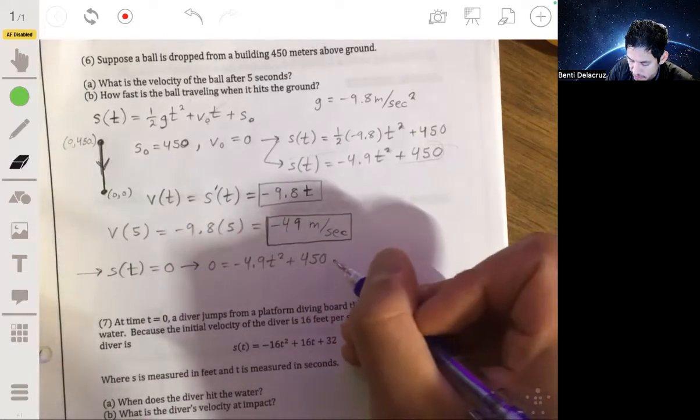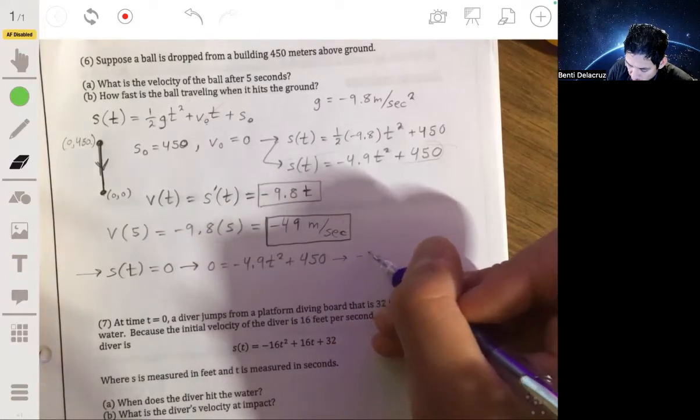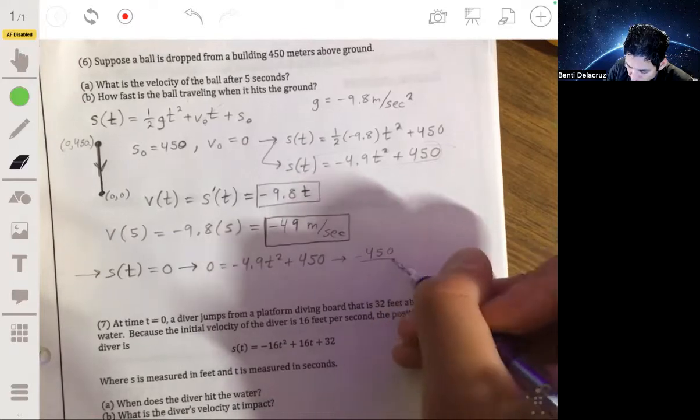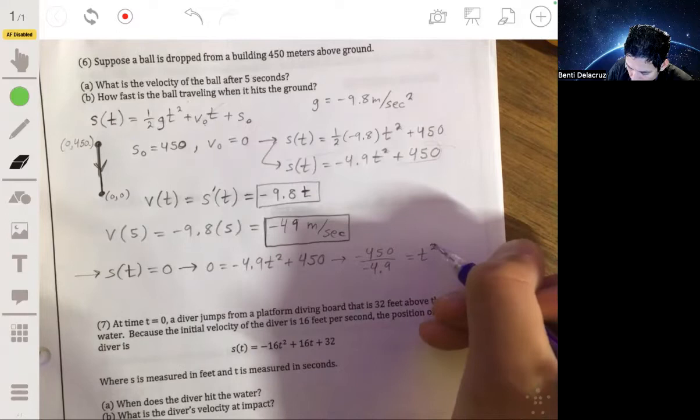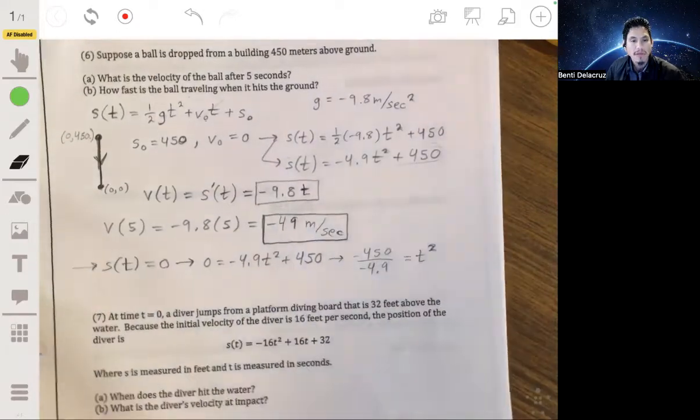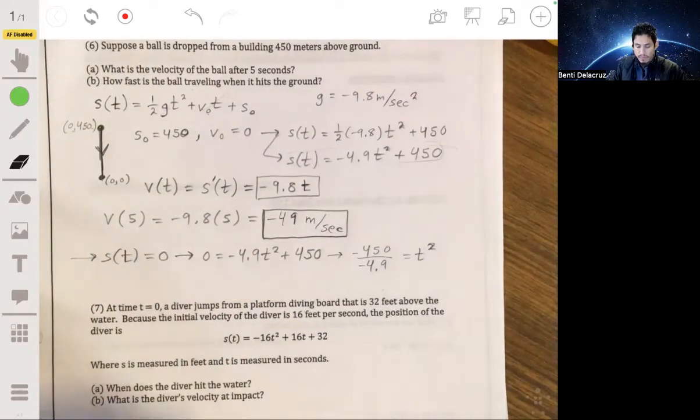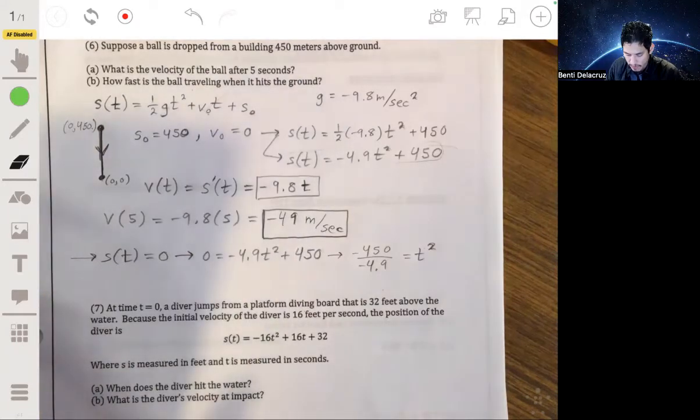We just solve this for t. So we have negative 450 over negative 4.9 equals t squared. We take the root of that, 450.